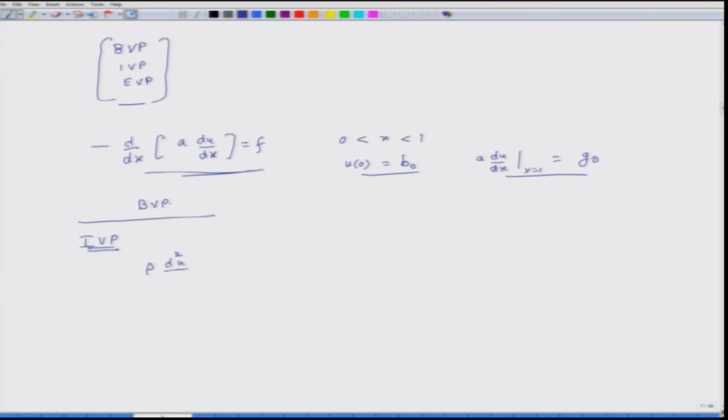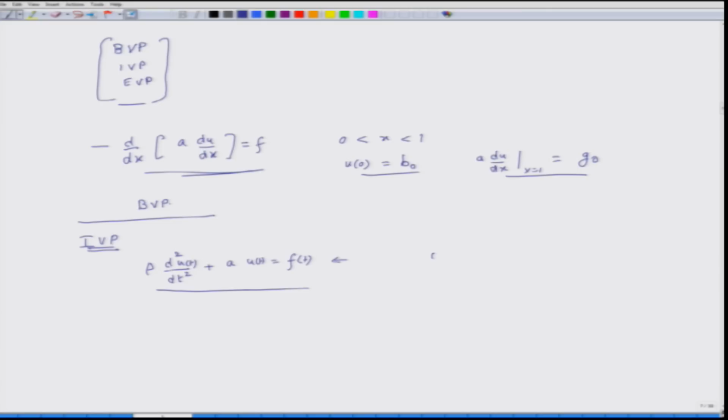Here u is a function of time. Okay. This could also be a function of time and u is a function of time. This is like your equation m x double dot plus k x is equal to c, something like that.